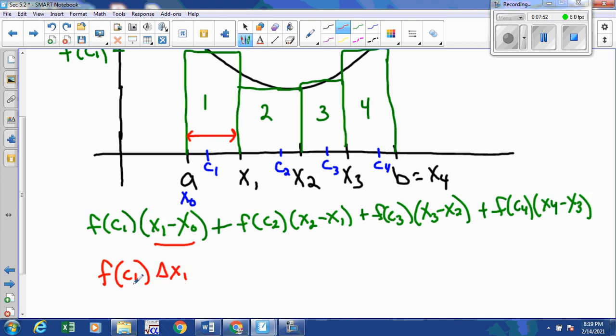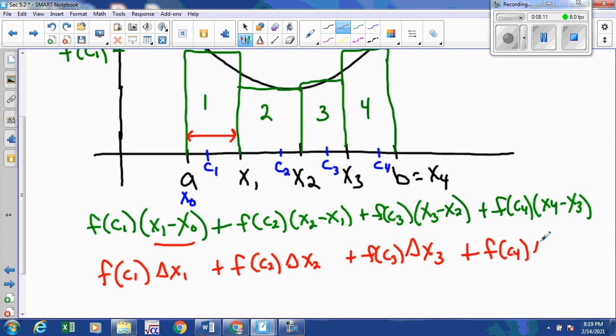This is the functional value, the height of our rectangle. This is the width of our rectangle. Plus f of c2 delta x2, plus f of c3 delta x3, plus f of c4 delta x4.